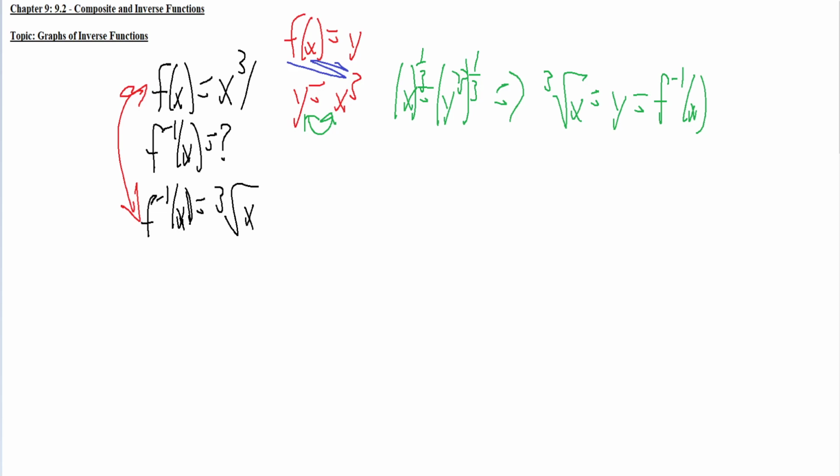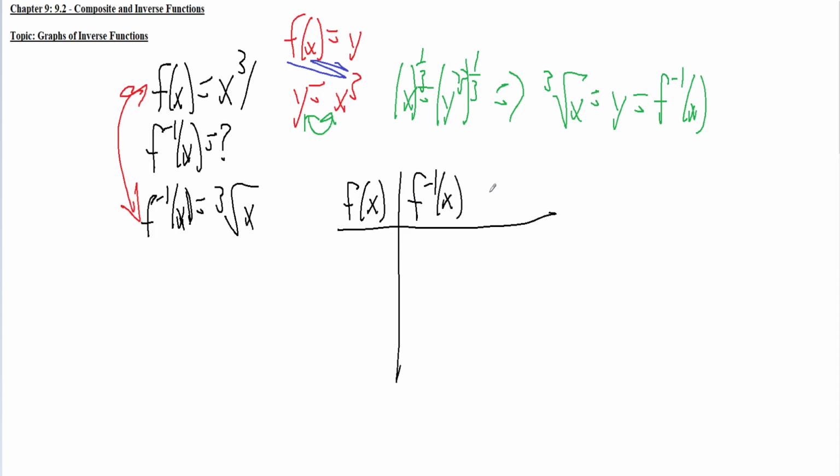So what we can do is create a table. I'll just write this out. And we'll just keep things defined above or equal to 0.